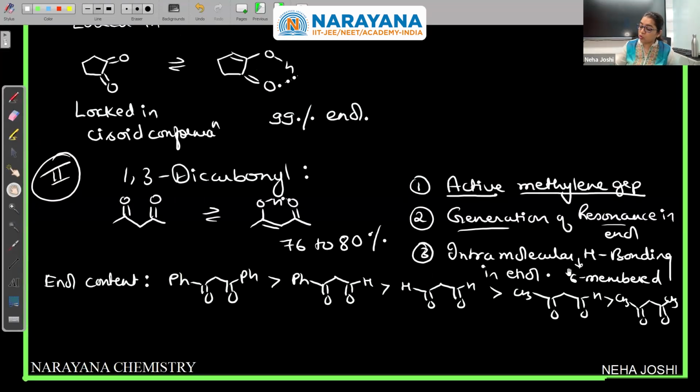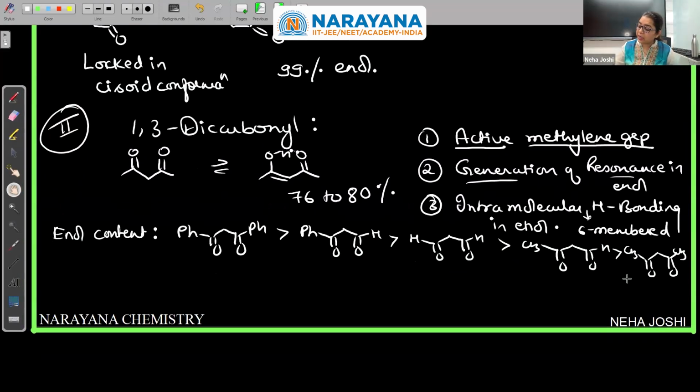Till here I am talking all of pure aldehyde and ketone, pure carbonyls. Now when you start talking of esters, the content will go down. And for this one, the content is very low.